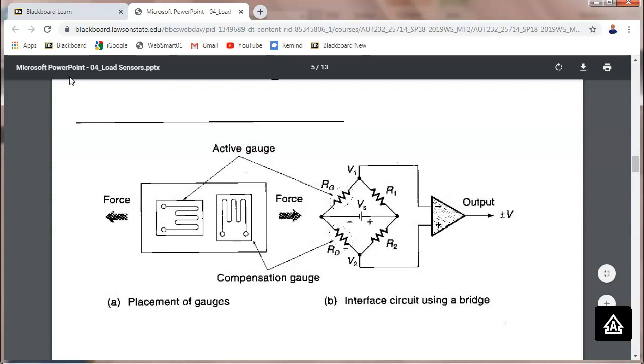When I push a force on this, it compresses, which causes the wires to get fatter and the length to get shorter. So it varies its resistance with length and size. But the problem is that it also varies with temperature.